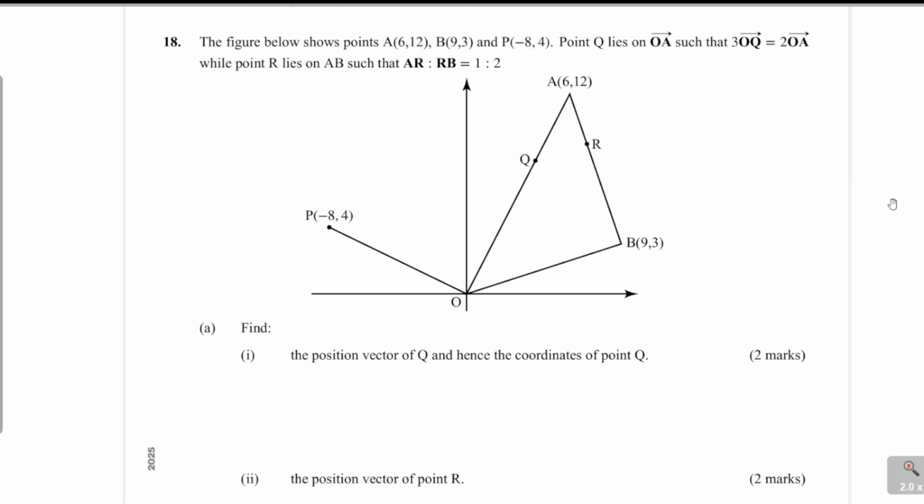The position vector of Q means OQ. Position vectors are vectors with reference from the origin. Now looking at what you're given here, 3OQ is equal to 2OA.